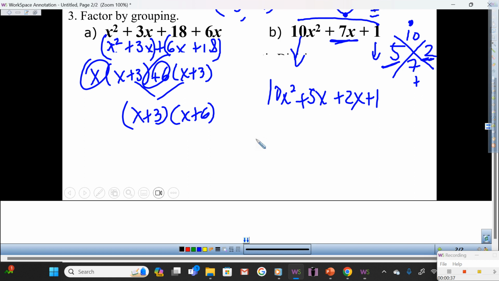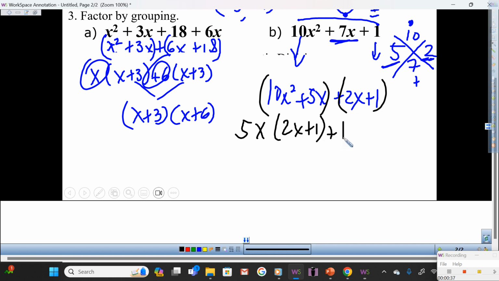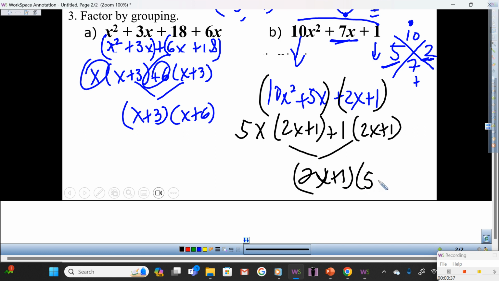Let's group. GCF here is 5x. We're left with 2x plus 1. GCF here is 1. And we're left with 2x plus 1. Factors, 2x plus 1 and 5x plus 1. We good? Yeah? All right.